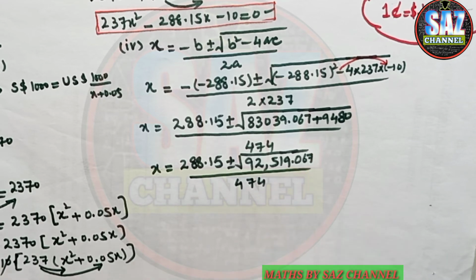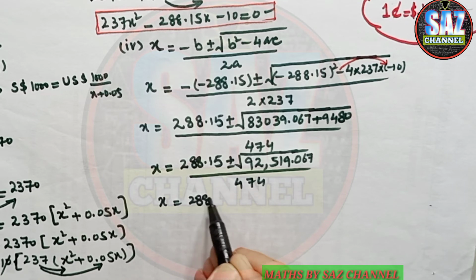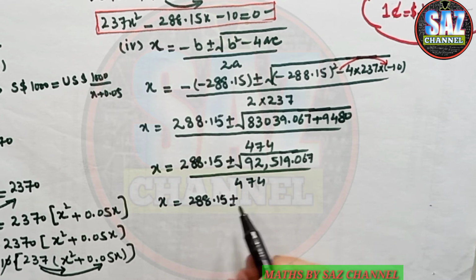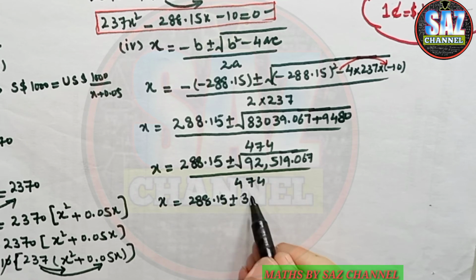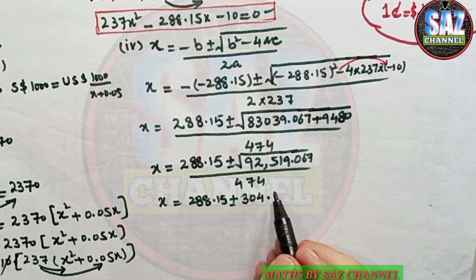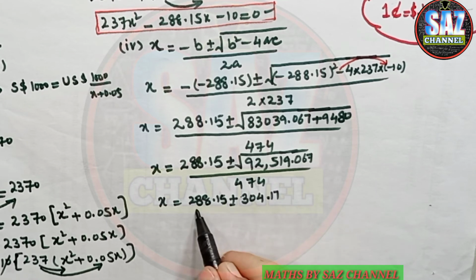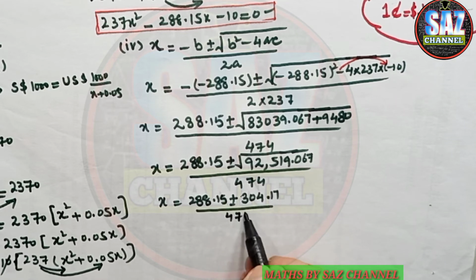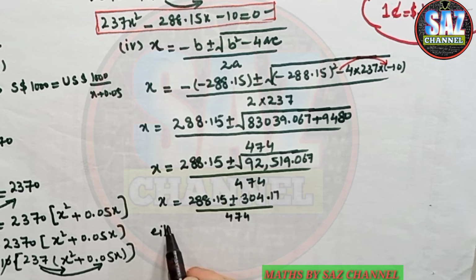Now I have to take the square root of this number, 92,519.067, and this number comes to 304. x equals 288.15 plus minus 304.16917 upon 474.